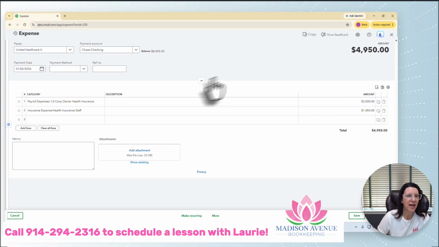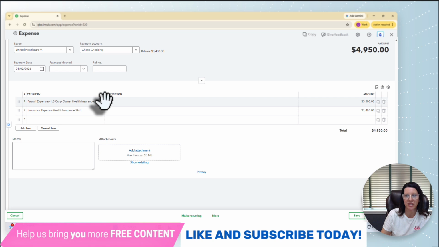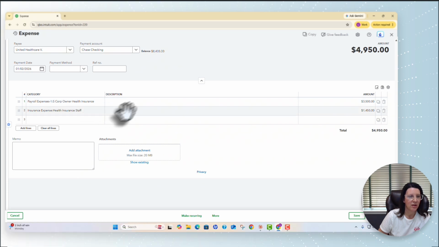So when you're categorizing or you're having your bookkeeper categorize, make sure that your portion of the health insurance is put here into the wages section, and that you allocate staff insurance separately.